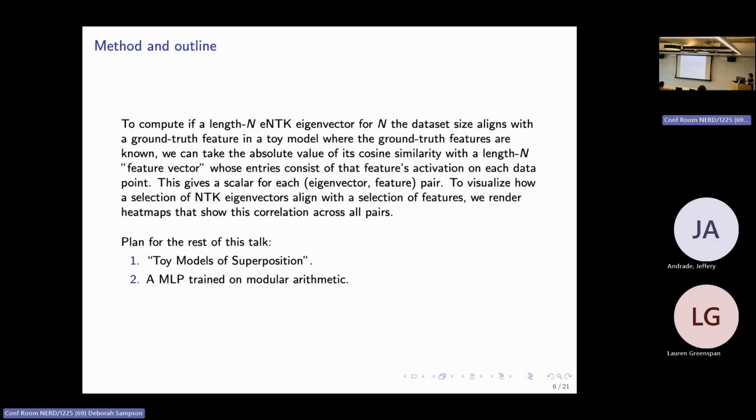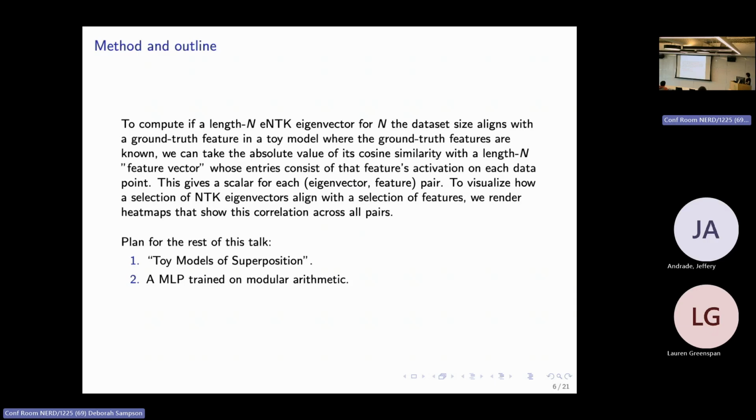This is just a quick slide on method before I show results. So the NTK is a size n by n matrix, where n is the size of the data set, or the training set for the formula that's supposed to approximate the full model, or a test set that we can use as a proxy when we're doing interpretability.